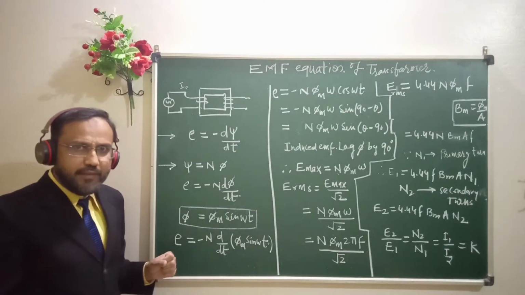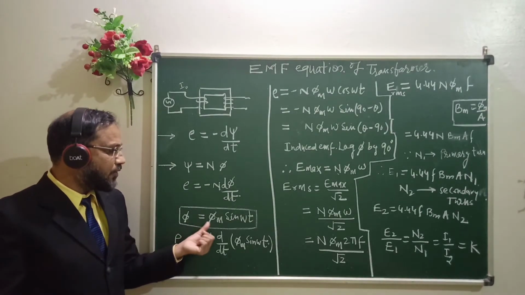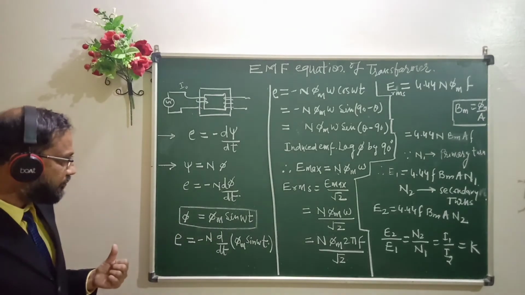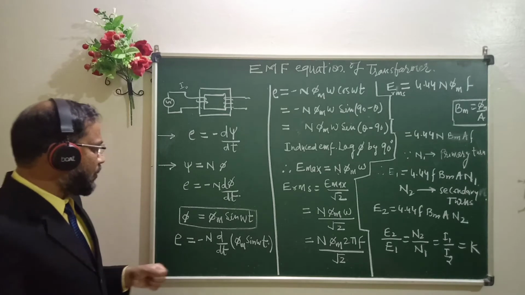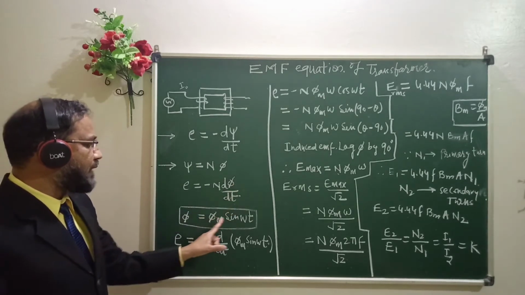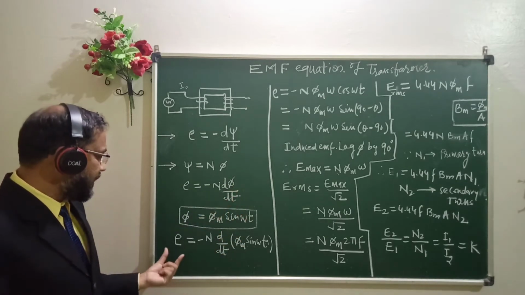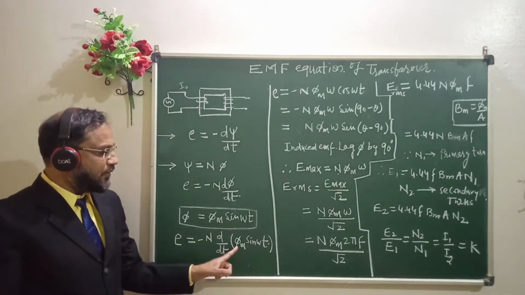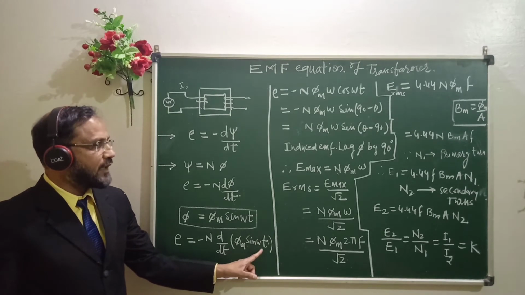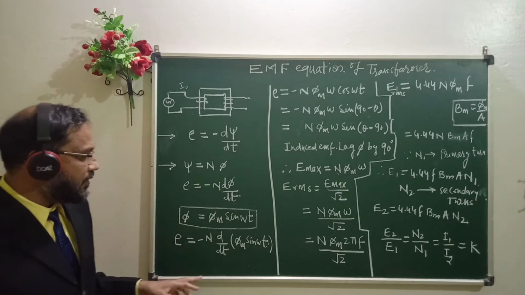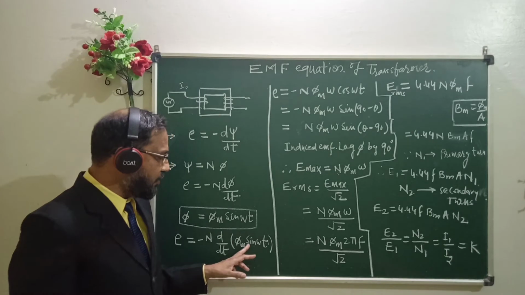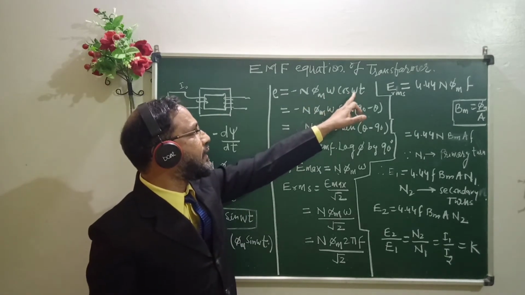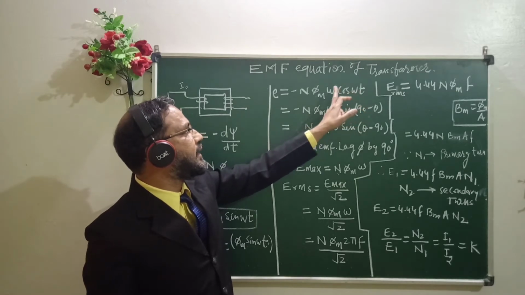The flux, which is sinusoidal, is denoted by the equation phi equal to phi maximum sin omega t. Putting this value of phi here, it becomes E equal to minus N d by dt of phi m sin omega t. Now, on differentiation, we know the differentiation of sin omega t is cos omega t, and the differentiation of omega t is omega.